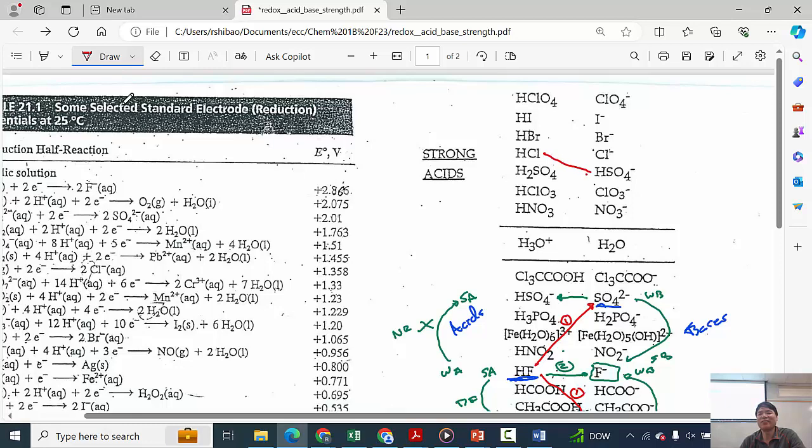That appears to be downhill because we're going from a stronger acid, HCl, to a weaker acid.